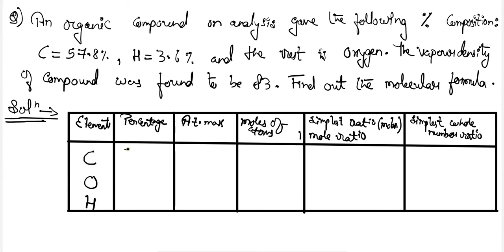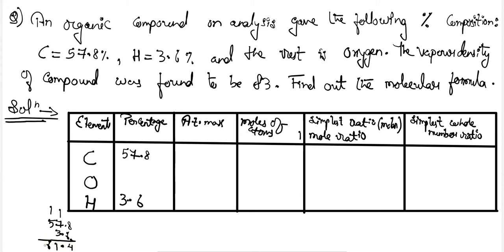The percentage of carbon is 57.8 and the percentage of hydrogen is 3.6. Adding these two, 57.8 plus 3.6, we get 61.4.